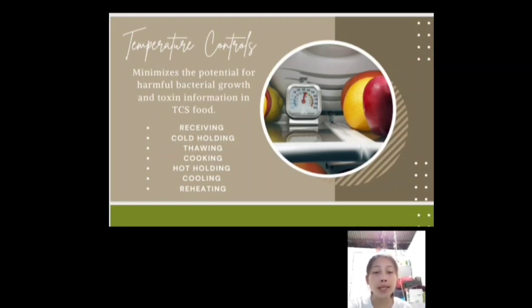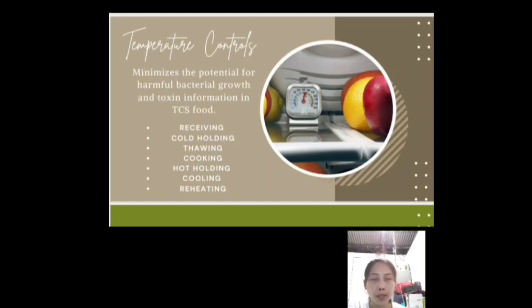So that's the cooking process. So the temperature of a given product must always be 75 degrees Celsius or above para mamatay ang mga bacteria.